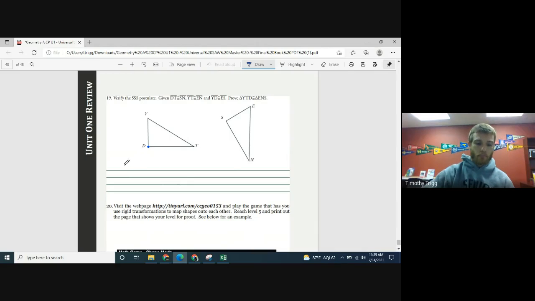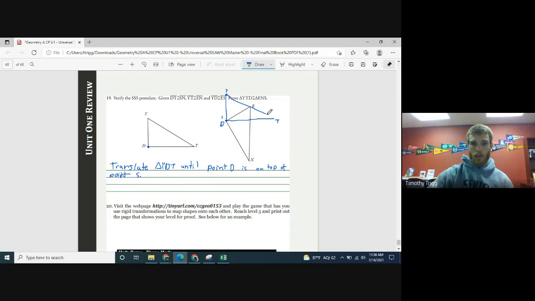So we would say we're going to translate, so shift over, triangle YDT until point D is on top of point S. Basically imagine I'm just picking up this triangle YDT and moving it over here, where point D would be here, point T would be over here, and point Y would be here.